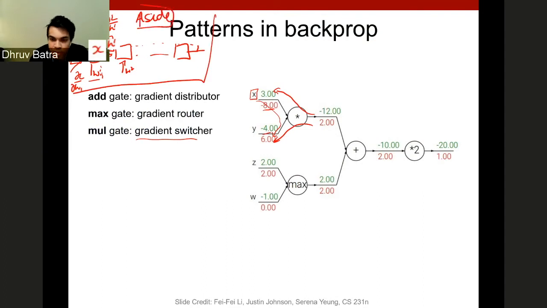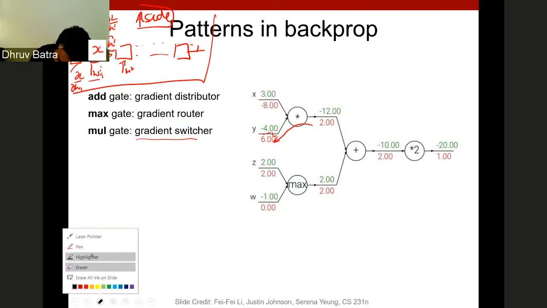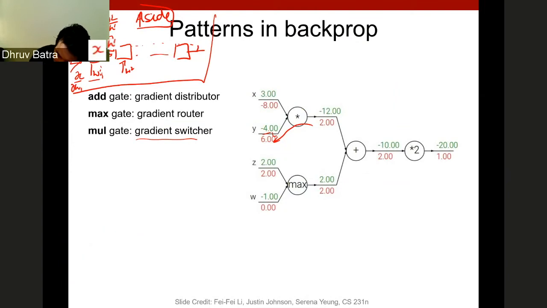So, gradient switchers. Why is this important though? The reason why this is important is if, for example, y bar is equal to w1 bar times x.